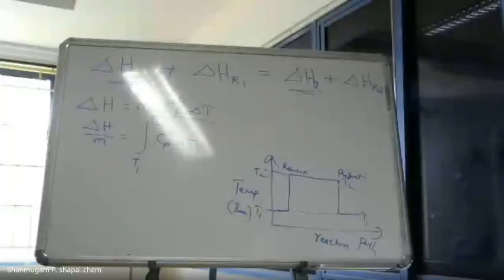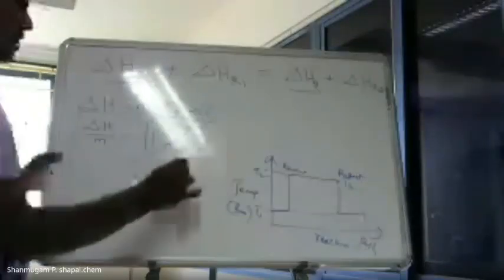So it will increase and then decrease. So that's how the design of the reactor has to be. That is the actual enthalpy balance that you need to calculate.